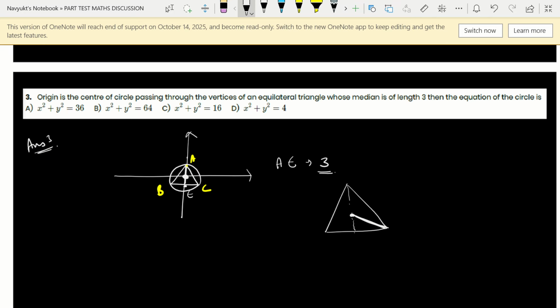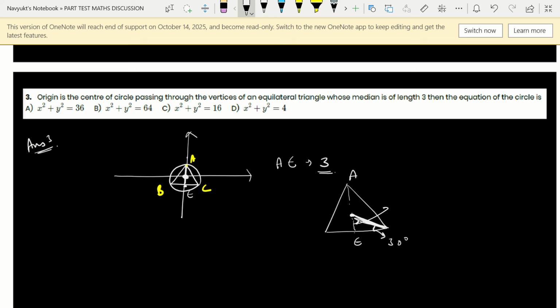this will be the radius of the circle, correct? Only the radius we need to find out. The center we already have as the origin. So we need to find this length when we have the full A to E length, correct? How will we go through this? As you know, this angle will be how much? 30 degrees, correct?